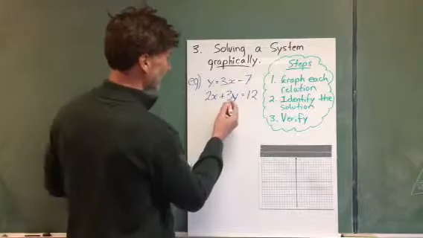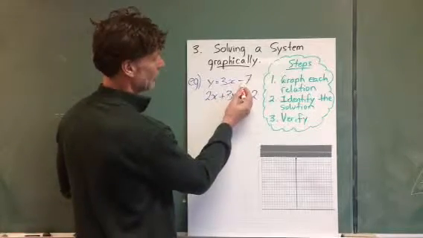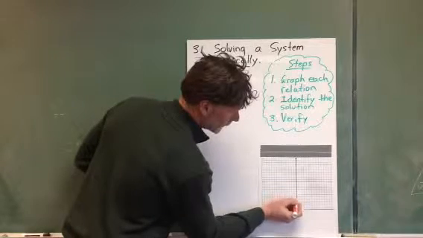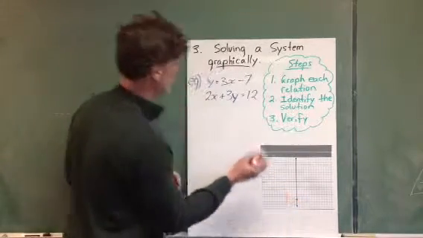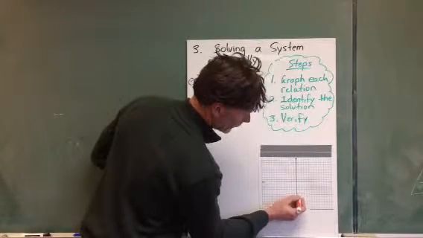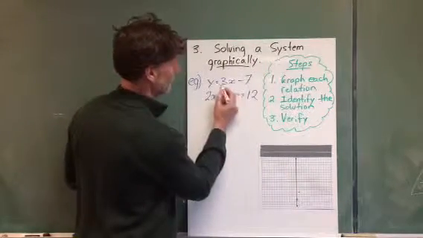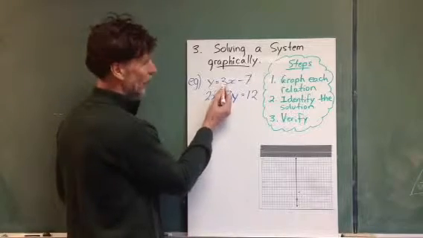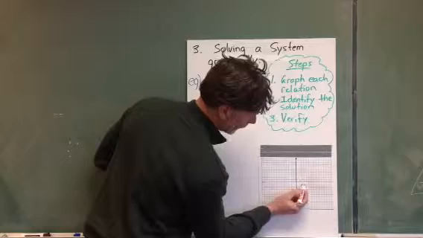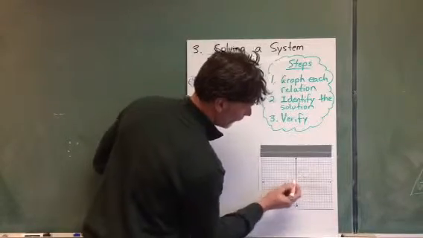So this one here, if I graph it, I know that the y-intercept is -7. So 1, 2, 3, 4, 5, 6, 7, right there. And I know that the slope is 3, so I'm going to go over 1, up 3. In other words, the run is 1 and the rise is 3. A run of 1, rise of 3, and so on.